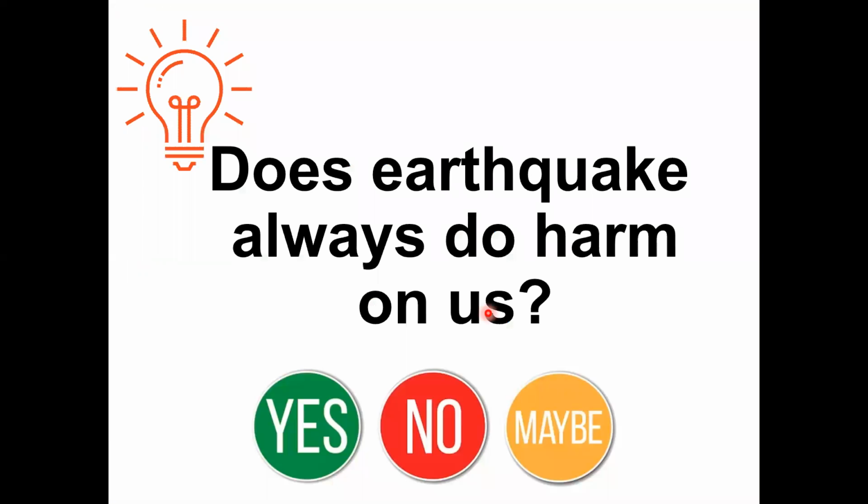Now, does an earthquake always do harm to us? Upon learning that magnitude refers to the energy release of an earthquake, does an earthquake always do harm to us? The answer is no. It's not yes and it's not maybe, but the answer is no. Why not? Because an earthquake must be strong enough for it to be destructive.